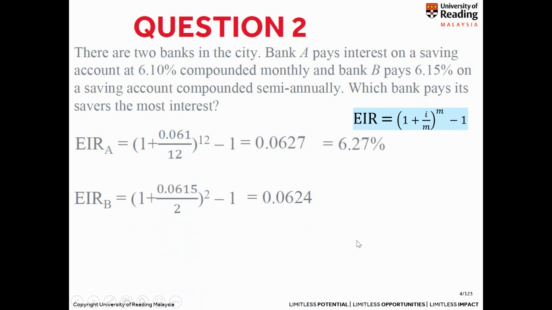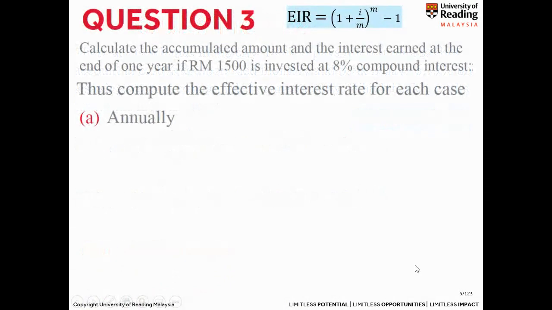We work out the effective interest rate is 6.24%. So using this EIR, we see that bank A, where the interest is compounded monthly, gives a much higher interest as compared to bank B. That will ensure that you get the best return for your saving. So bank A offers more, right?